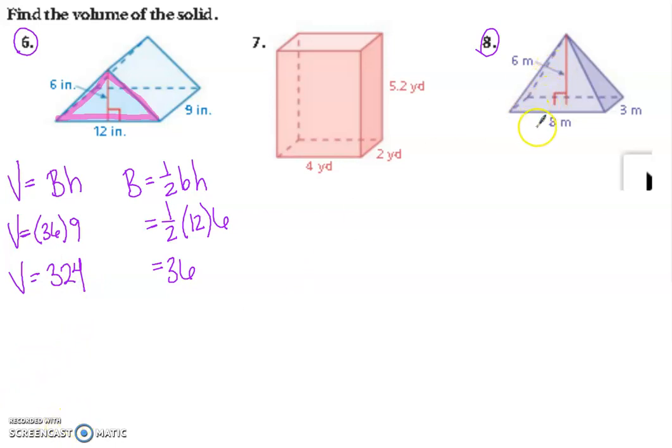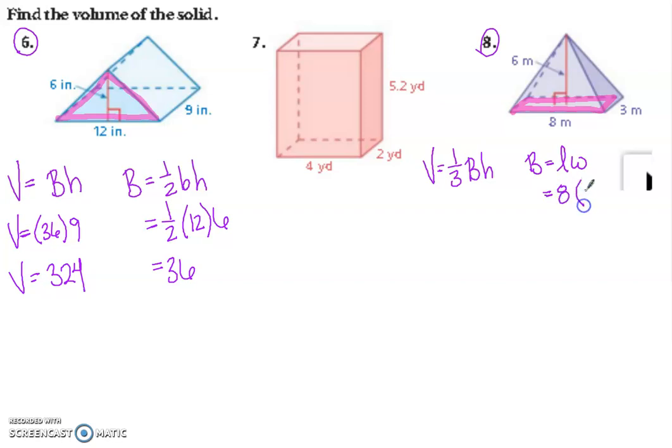Let's try number 8. Number 8 is a pyramid. Its formula is a bit different. Volume is 1/3 the area of the base times the height. The shape of this base is rectangular. So when I find its area, I'm going to use the length times width formula.